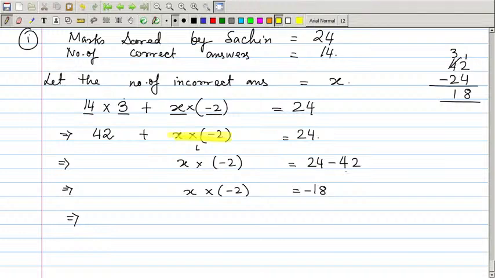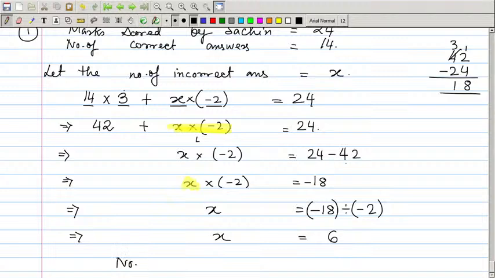So only x will be here and the rest will go to the other side. So if you keep x, you have minus 2 in multiplication. So minus 2 will become division. So x is equal to plus 6. 18 divided by 2 is 9. And since both are negative numbers, your answer is positive.